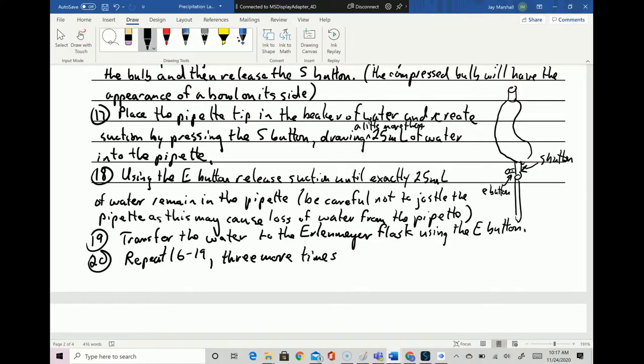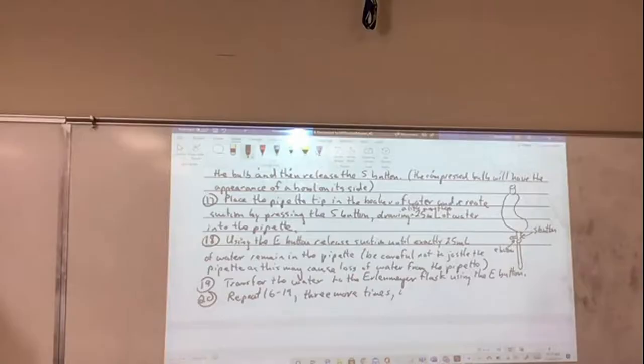We specify 3 more times until there's 100. Yeah. So adding a total of 100 milliliters. Does that work? Okay.